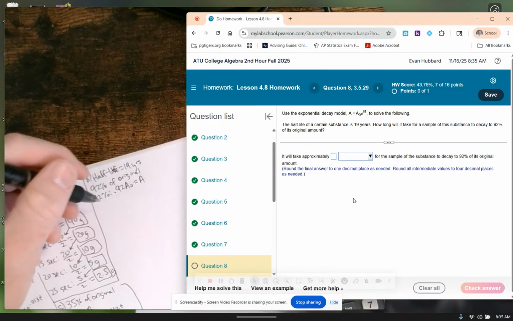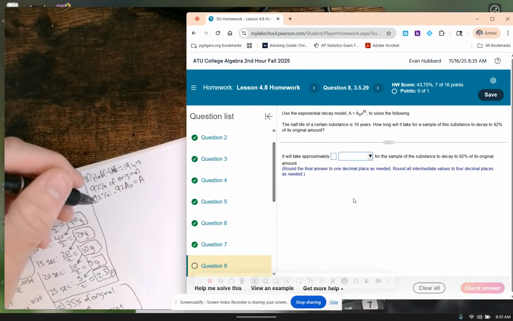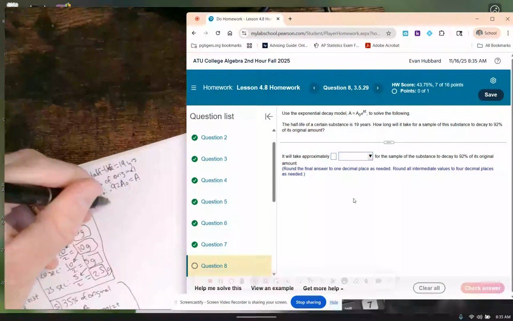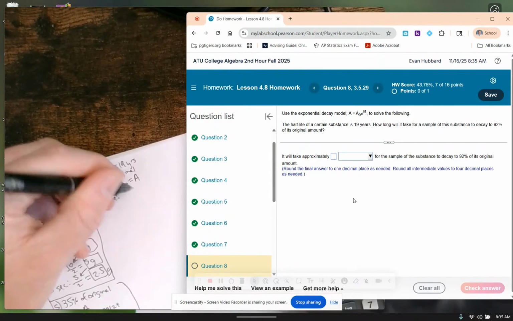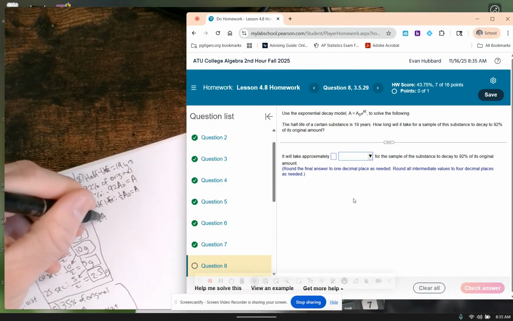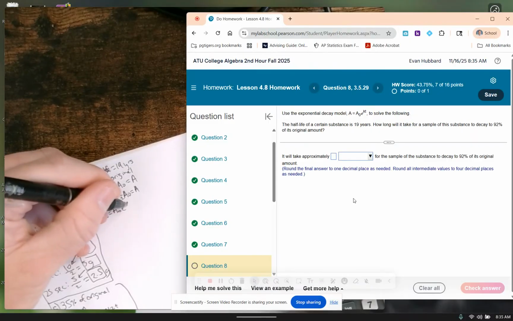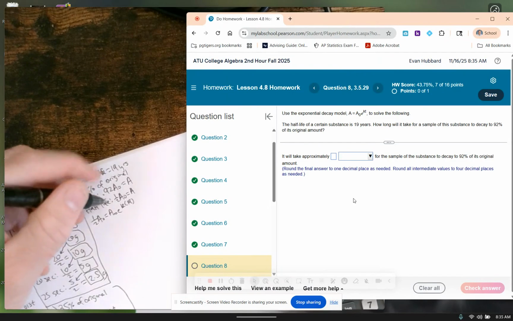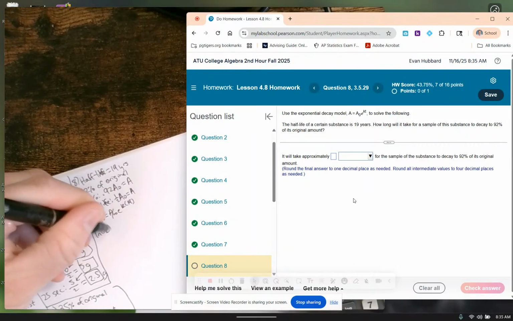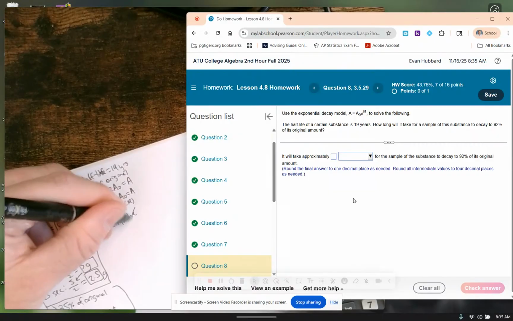So first off, I've got to solve this for K, and so half-life: 1/2 A naught is equal to A. So 1/2 A naught is equal to A naught E to the K times 19. A naughts cancel. So then I'm going to take the ln of both sides. And then 19K ln E, that cancels.